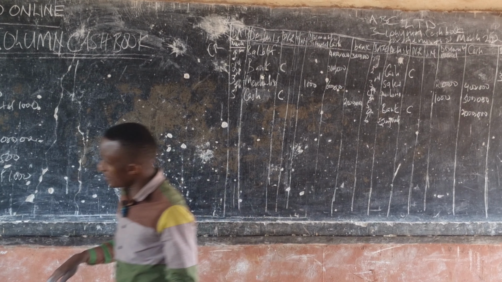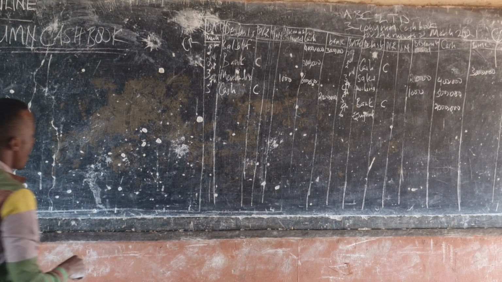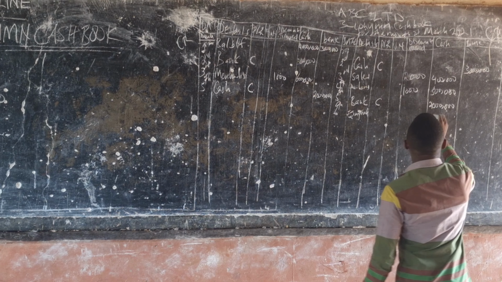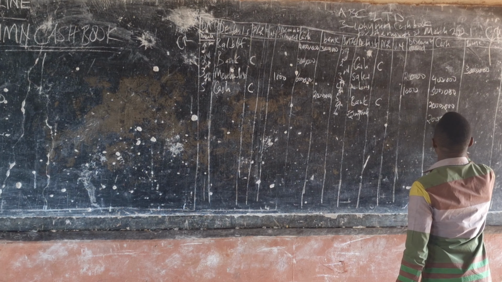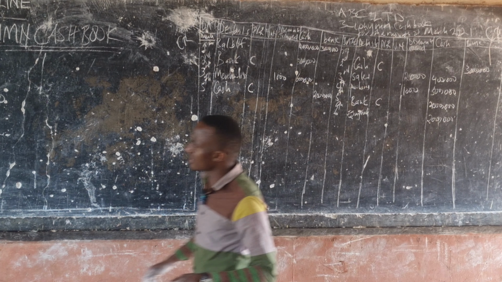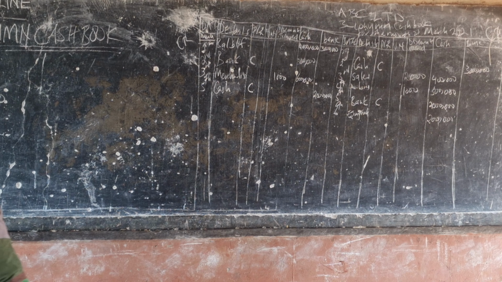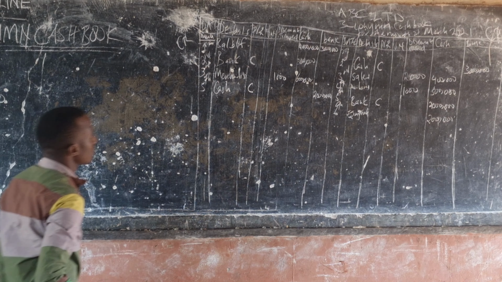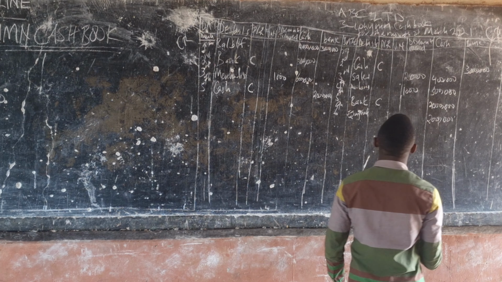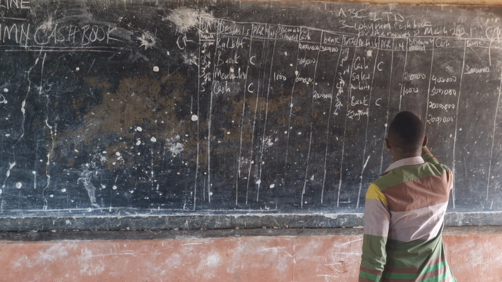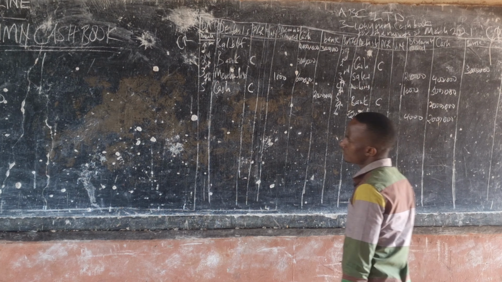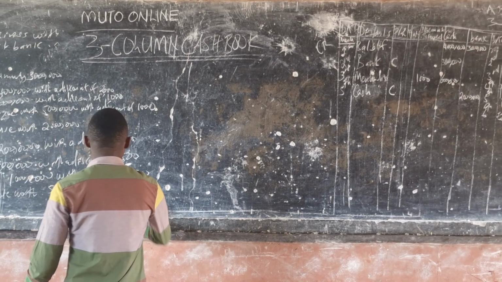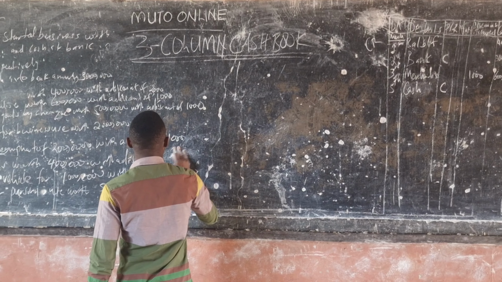Equipment, how much? 200,000 cash with a discount of 4,000.